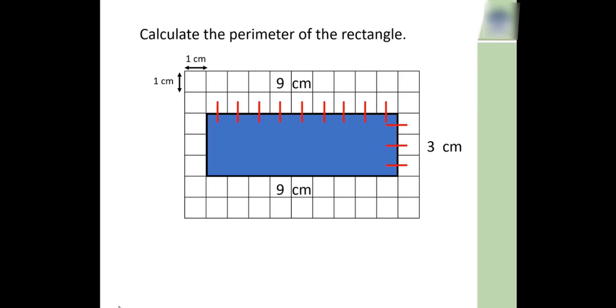And I know that the width is 3 centimetres, so this side is 3 centimetres. That will now help me to calculate the perimeter more efficiently. 9 plus 3 plus 9 plus 3 is equal to 24 centimetres.